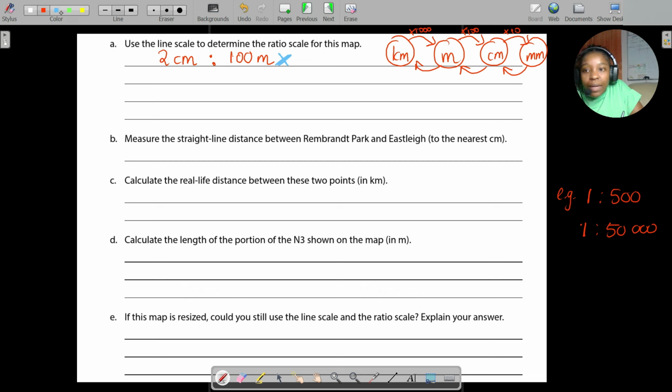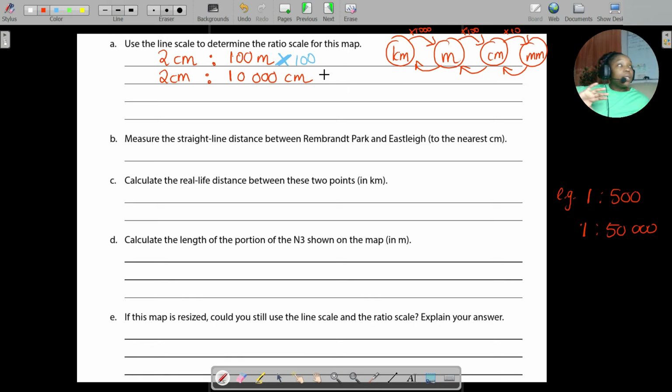So if we want to convert meters to centimeters, according to that drawing, what are we supposed to do? Multiply by 100. Cool stuff. So you've got 2 centimeters is to 100 multiplied by 100, which is 10,000 centimeters.